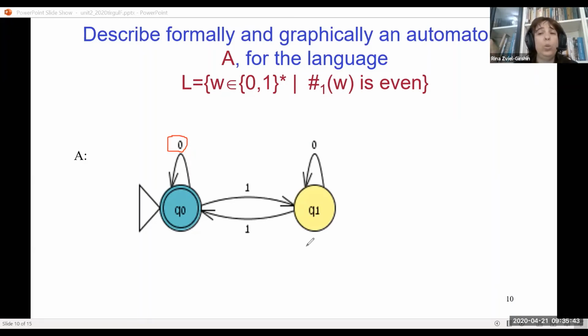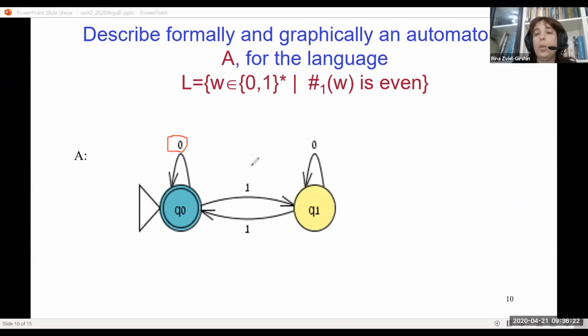So basically I have a solution. I have an automaton that solves my problem. Now I need to give a formal proof. Usually in our course, you are not asked to give the formal proof because it takes time, and usually you don't like so much all the theoretical issues of this course, but here and there we give you exercises where the solution should be the formal proof of what you did.